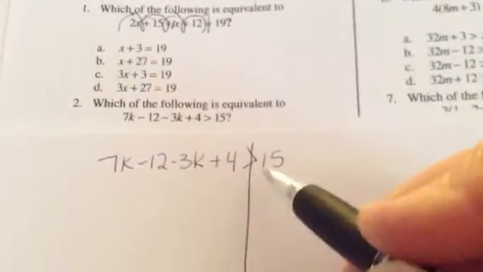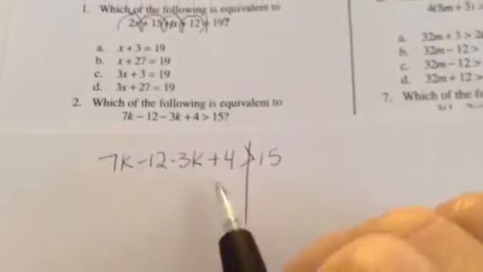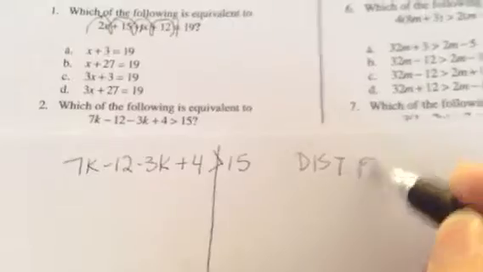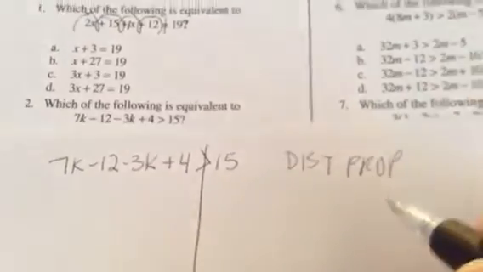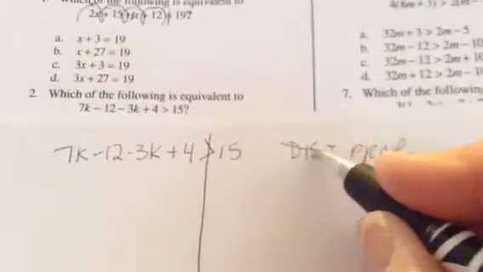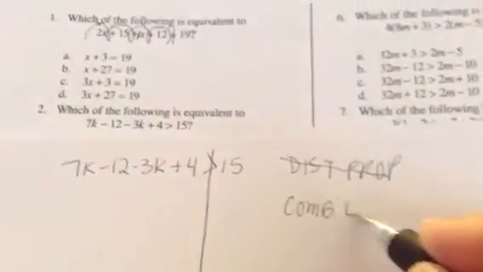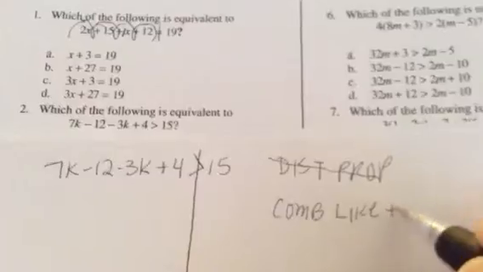This side, there's nothing to simplify, and on this side, I don't see any parentheses, so we can't do any distributive property, because that's typically our first step when we're simplifying. So, no distributive property, so I guess we're going to combine like terms.